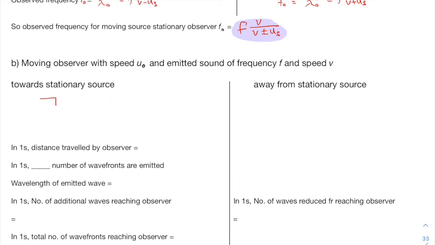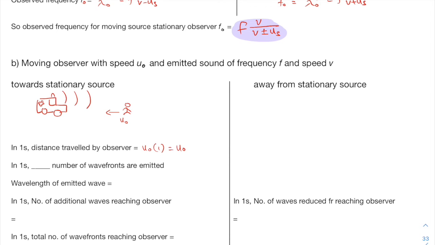So here I have the ambulance, in this case not moving, stationary, and it's giving off wave fronts. The observer now is moving towards the ambulance with the speed u_o. So in 1 second, the distance traveled by the observer would be u_o times 1, which is u_o.